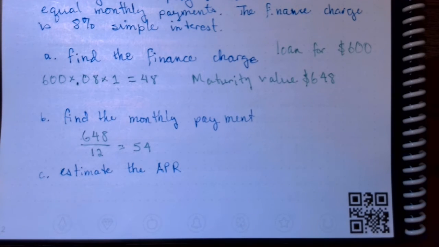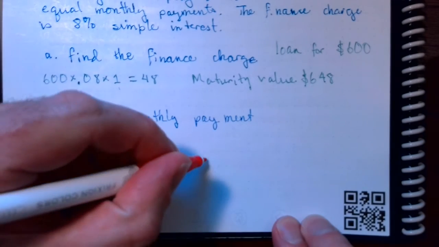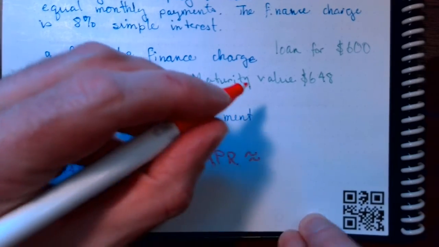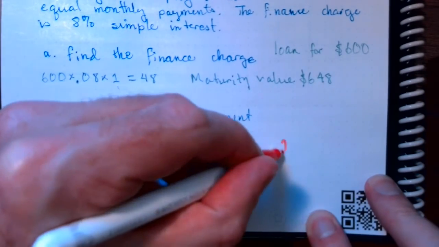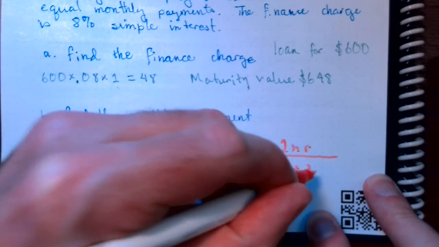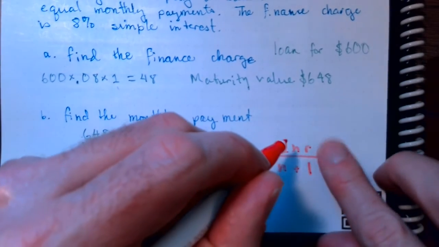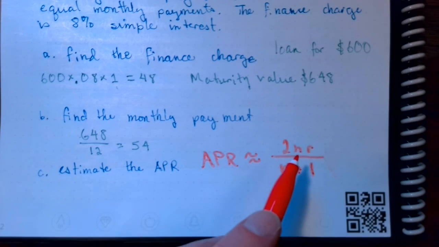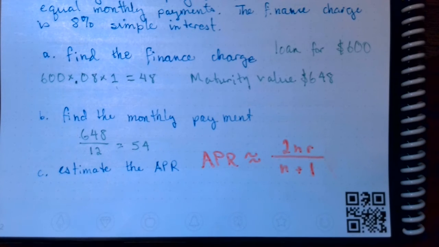And that formula is that the APR is approximately equal to 2 times n times r over n plus 1. Where n is the number of payments and r is the simple interest rate.